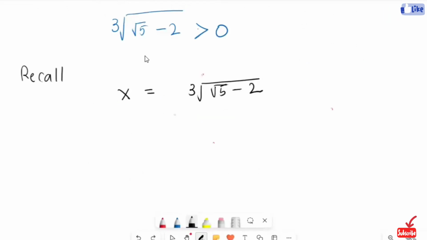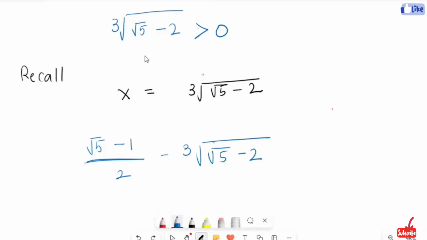Therefore, the value of x we find out is (√5 − 1)/2. And the given expression we have is the cube root of √5 − 2. Therefore, the answer for the given equation we have is (√5 − 1)/2.